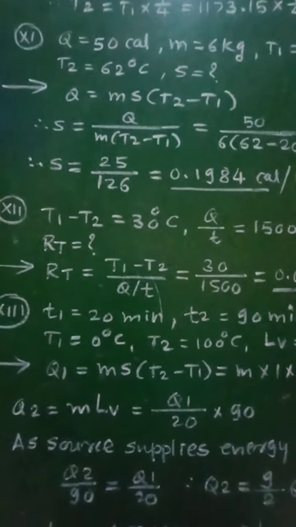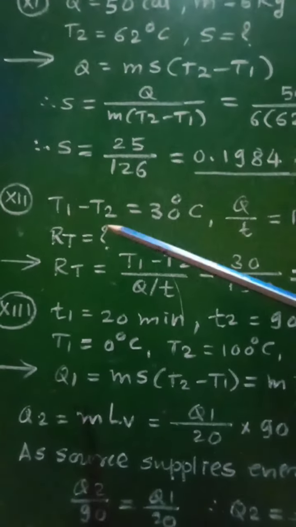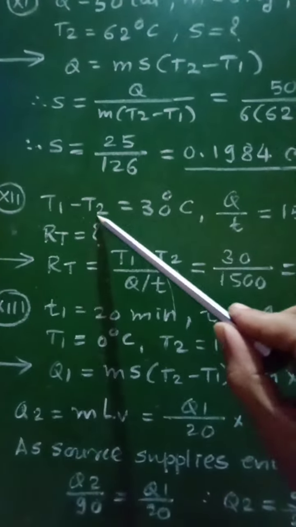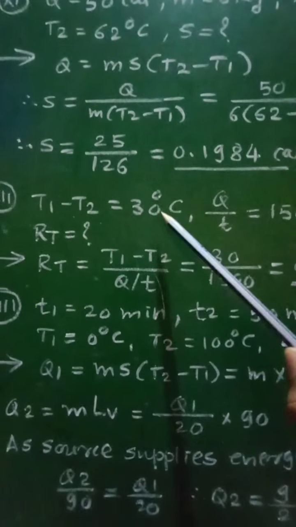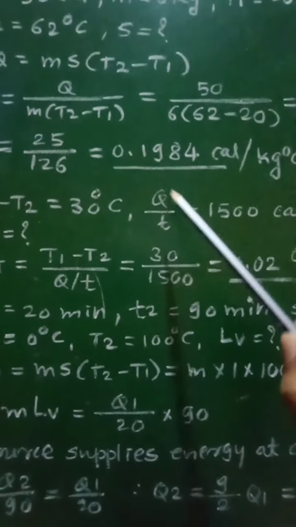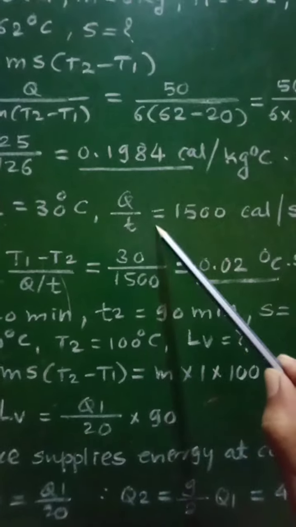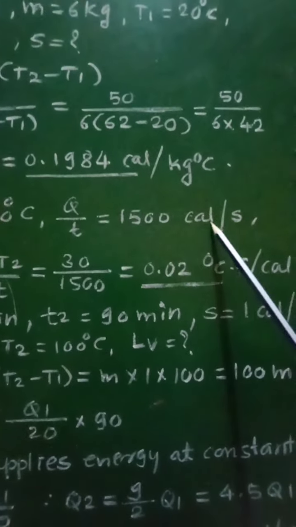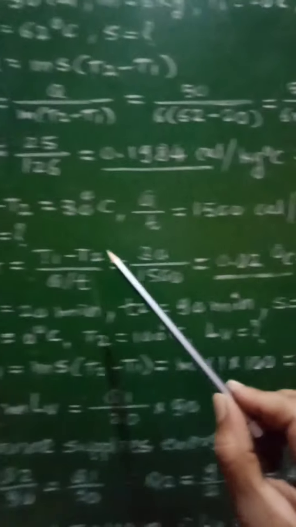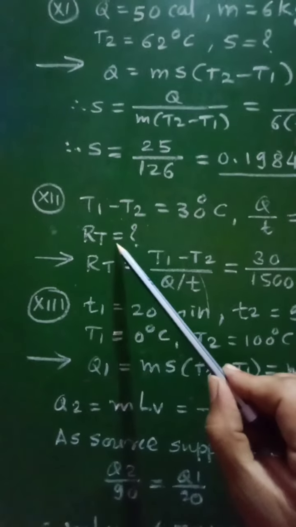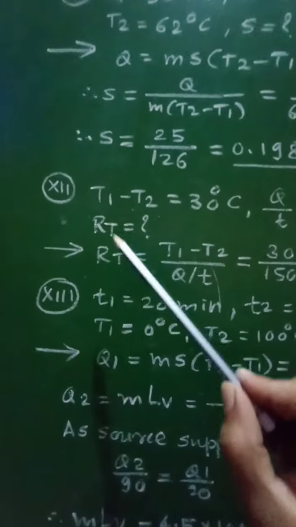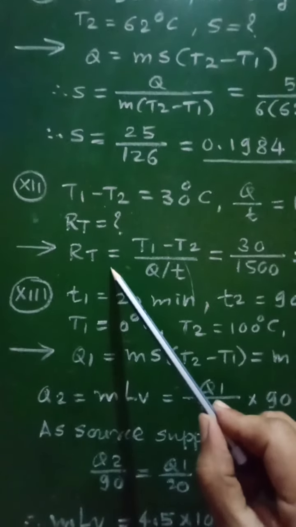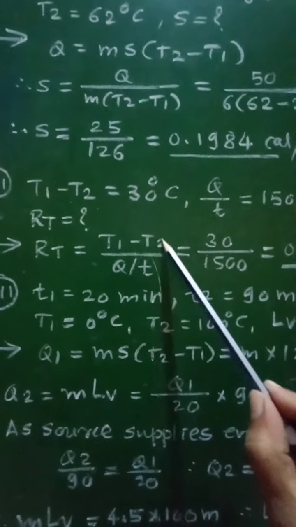And therefore for this numerical number 12, given data is temperature difference T1 minus T2 is 30 degrees Celsius. Q by T, that is heat rate, will be equal to 1500 calorie per second, and we have to find out thermal resistance RT. We know the formula for thermal resistance RT, that is equal to T1 minus T2 upon Q by T.